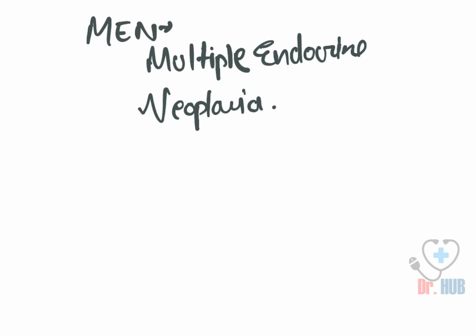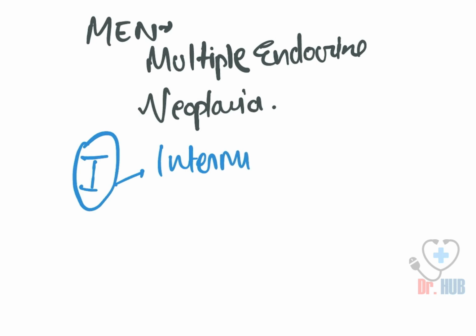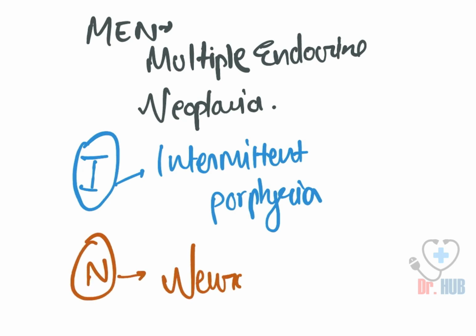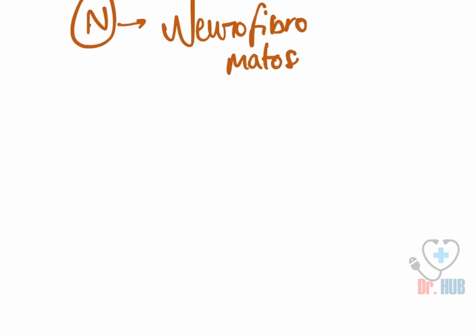So after MEN, so dominant, right? So I comes next. So I, there is intermittent porphyria, and after this N. So in N we have the neurofibromatosis. So this includes type 1 as well as type 2.